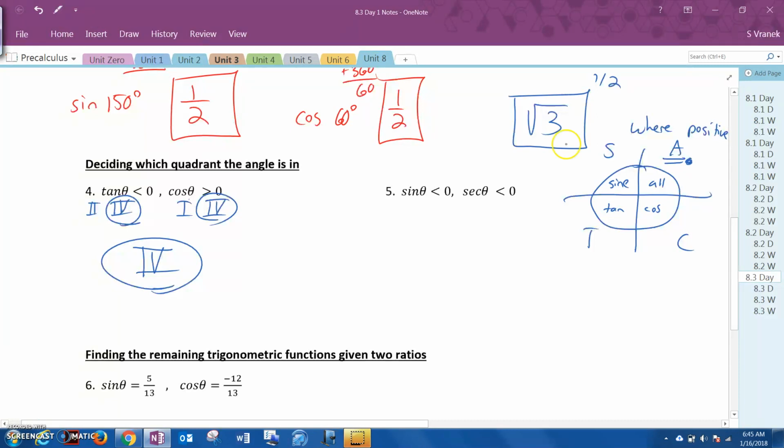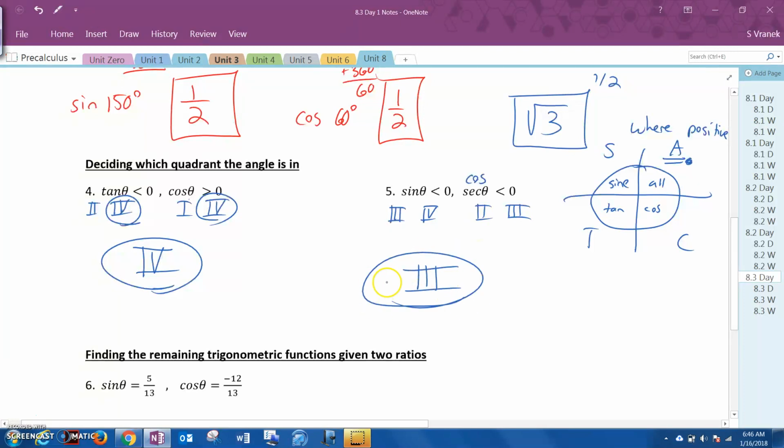Now, sine is less than 0, so sine is negative, in quadrants 3 and 4. Secant is the same thing as cosine. Cosine is less than 0 in 2 and 3. So if I look at both of them, this angle must be in quadrant 3, since it fulfills both options.